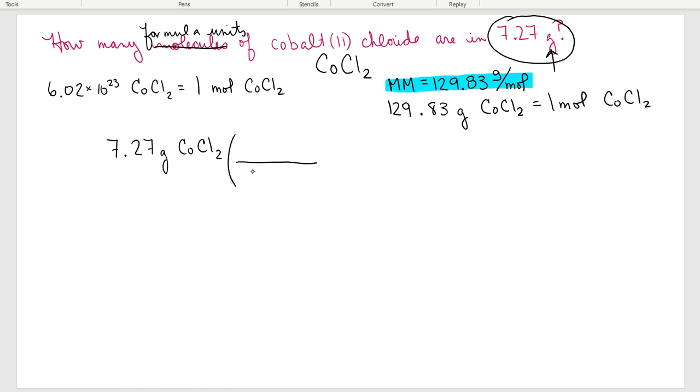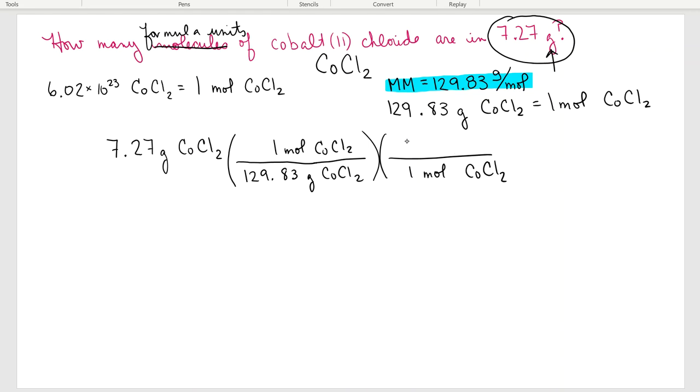The molar mass tells us for every 129.83 grams of cobalt 2 chloride, there is 1 mole of it. And then Avogadro tells us that every 1 mole of cobalt 2 chloride contains 6.02 times 10 to the 23rd units of cobalt 2 chloride.